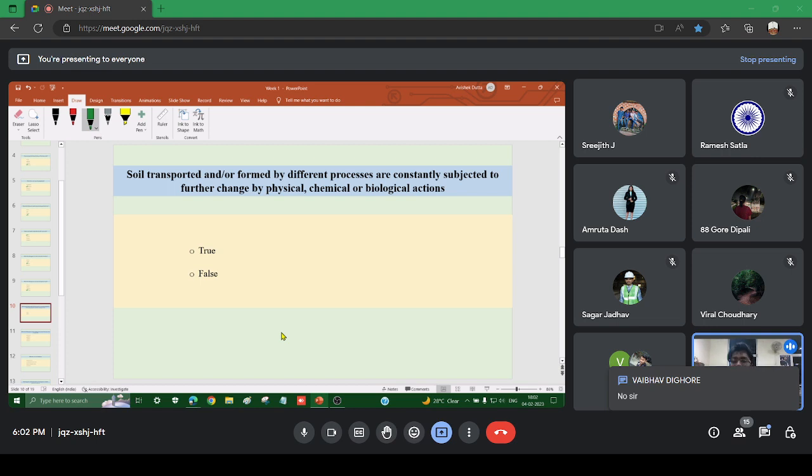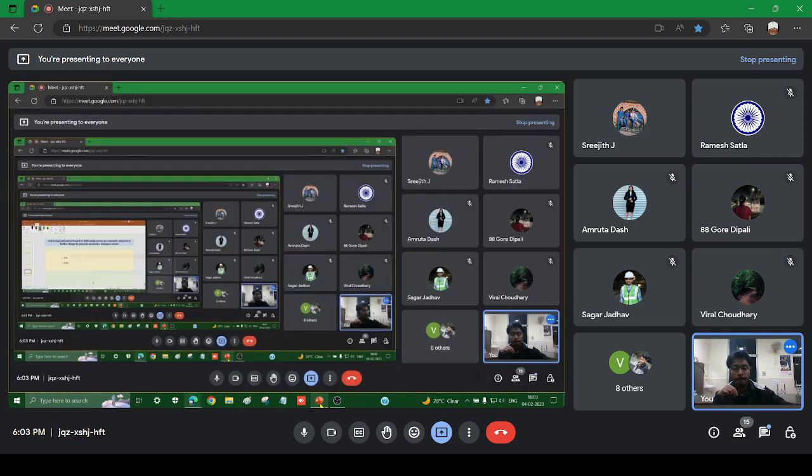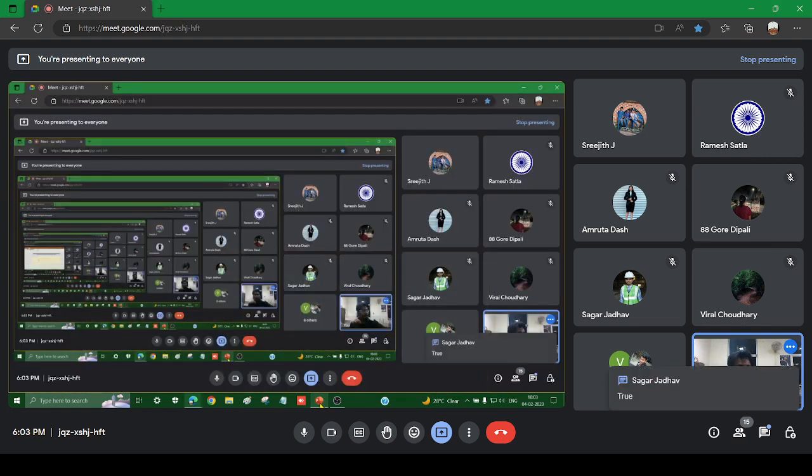Soil transported and or formed by different processes are constantly subjected to further change by physical, chemical, or biological actions. Is this statement true or false? True, sir.